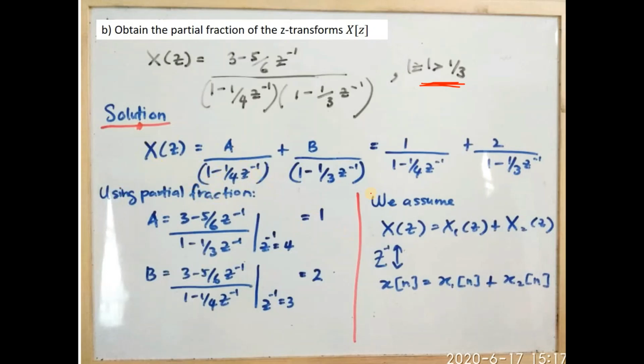We divide this because you have two terms in the denominator. So you have A over 1 minus 1/4 z^-1 plus B over 1 minus 1/3 z^-1. You are going to find out the values of A and B. Using partial fraction, find A.